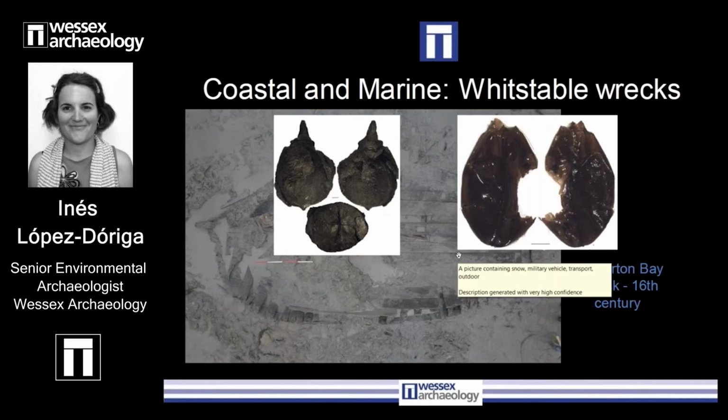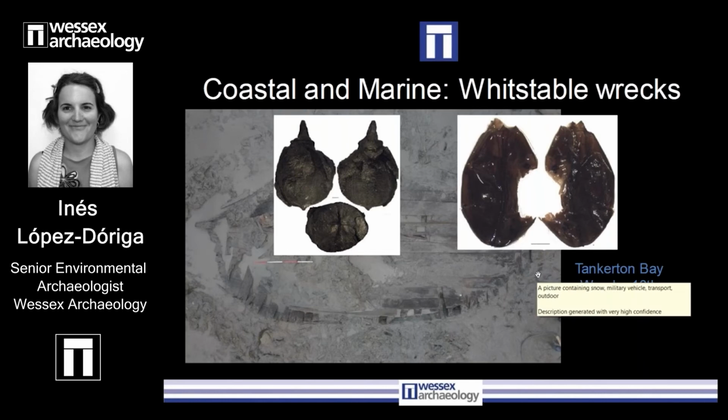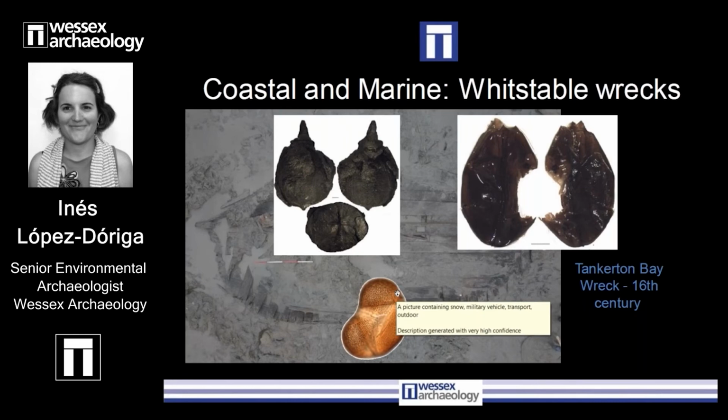So we have this cereal bran, which informs about the diet of the people who used the wreck and the sanitary conditions, which weren't great because this is preserved in fecal material. But we also found lots of plant remains from wild plants, either plant macrofossils, so seeds, but also pollen grains.